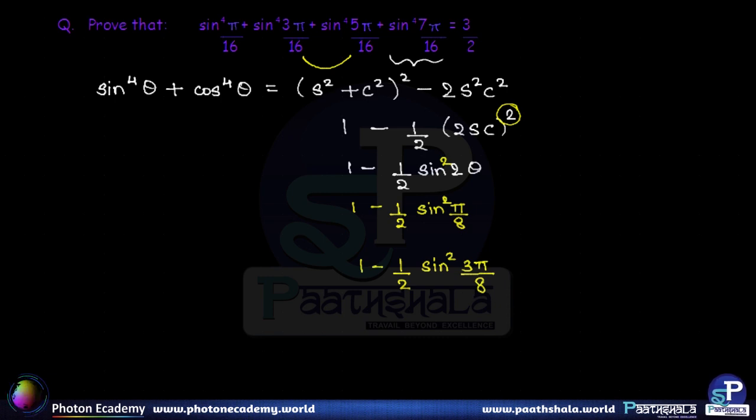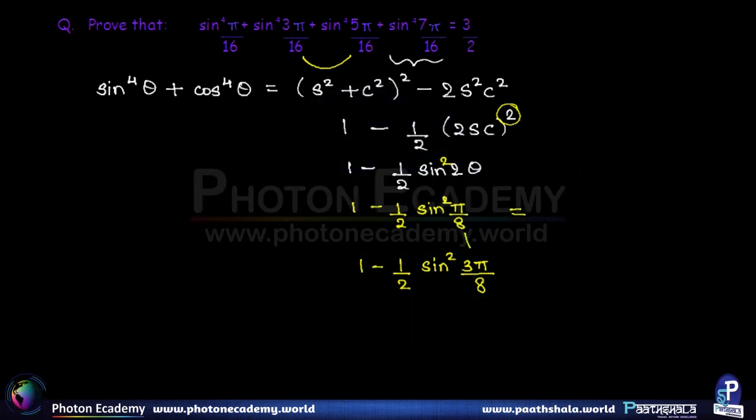Okay. So again, if you see pi by 8 and 3 pi by 8, if we add them, we will get pi by 2. So again, they are complementary angles.